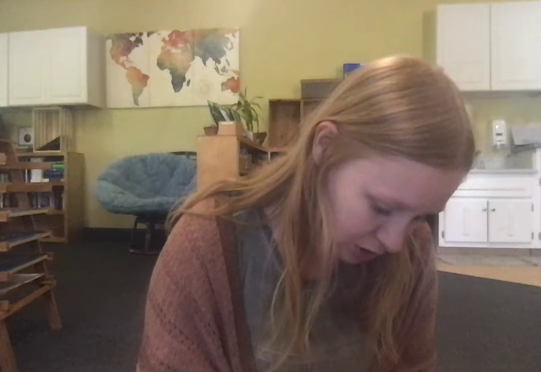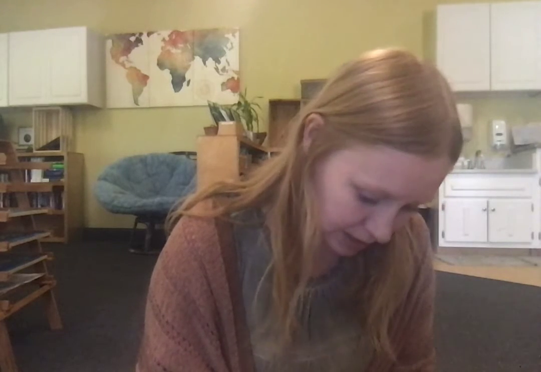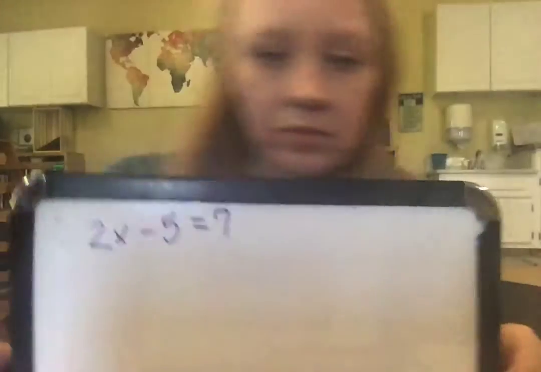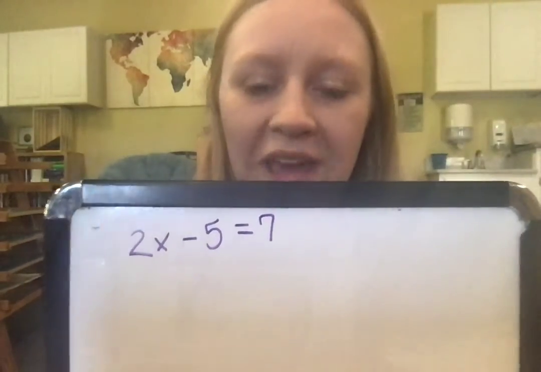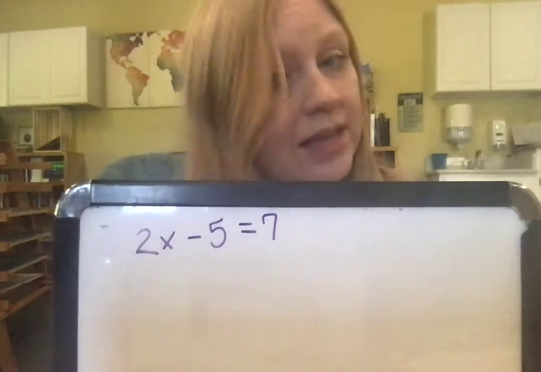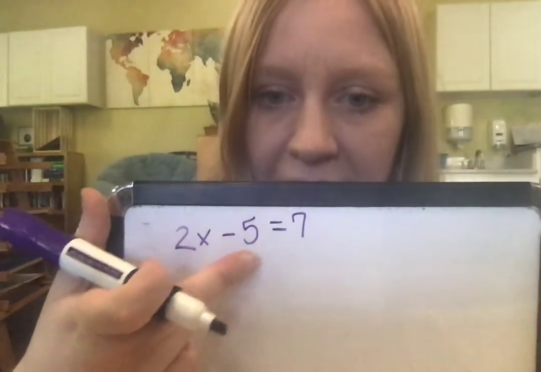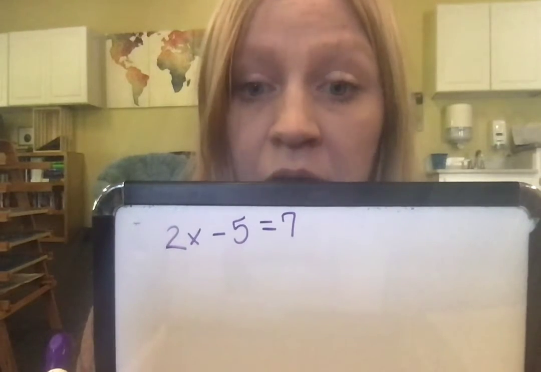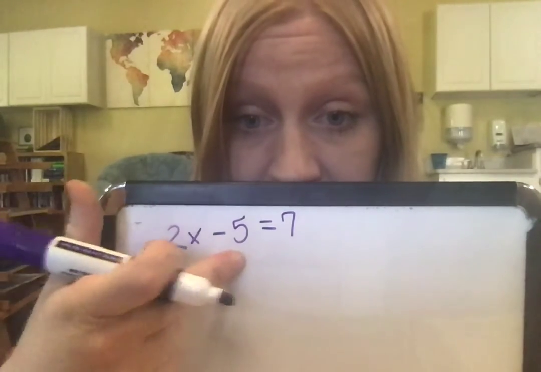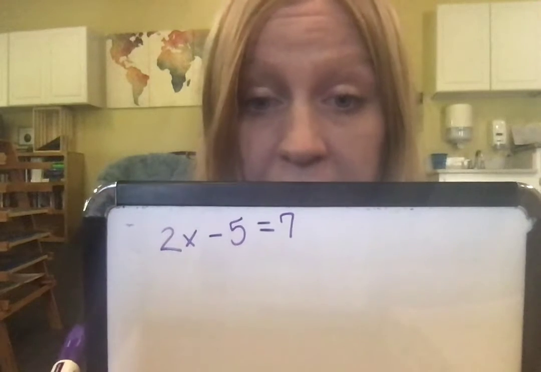We have 2x minus 5 equals 7. And remember, with these, our goal is to get the x by itself. But what you see is today we have a minus 5 with the x. We first are going to deal with our 5, and then we'll deal with our 2x.